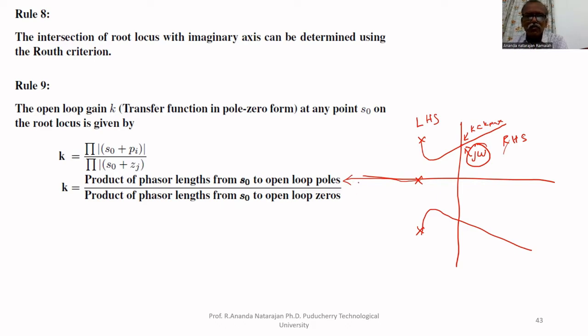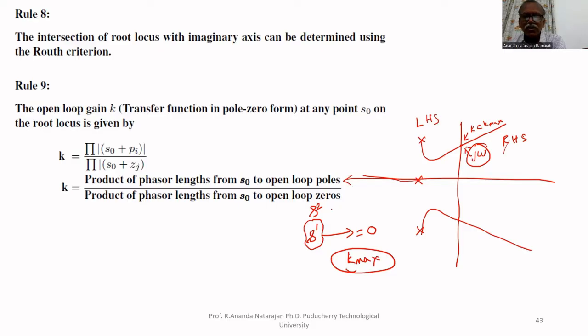While using Routh criterion, how to find that omega? We have to make the s power 1 row, where only one element will be there, equal to 0. Then on making the s power 1 row equal to 0, we can find the value of K max. After finding K max, we have to substitute that K max in the s square row. Here, 2 elements will be there.